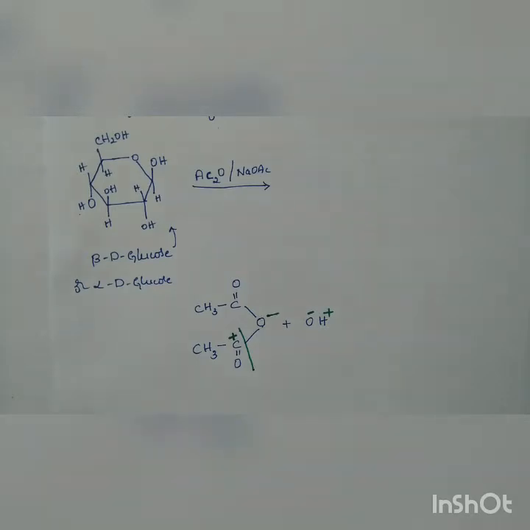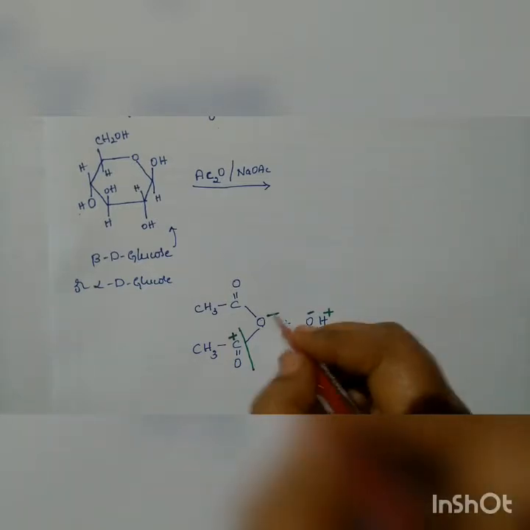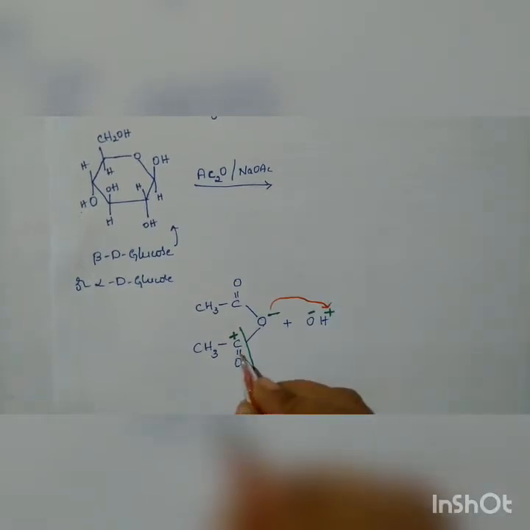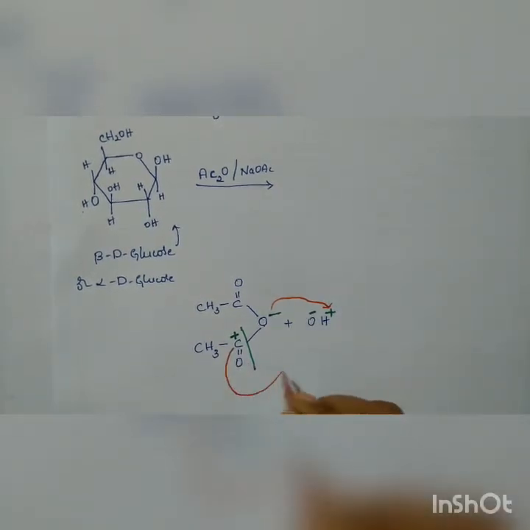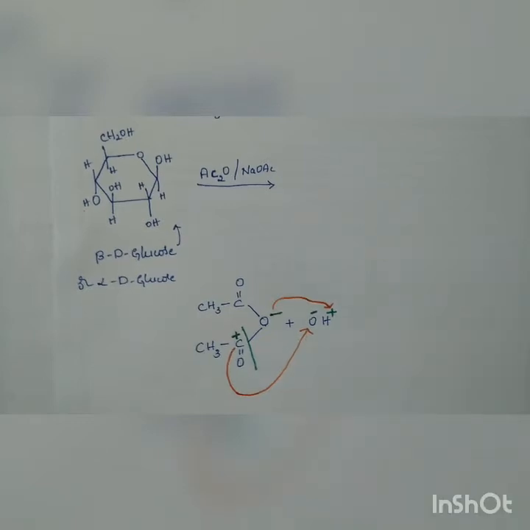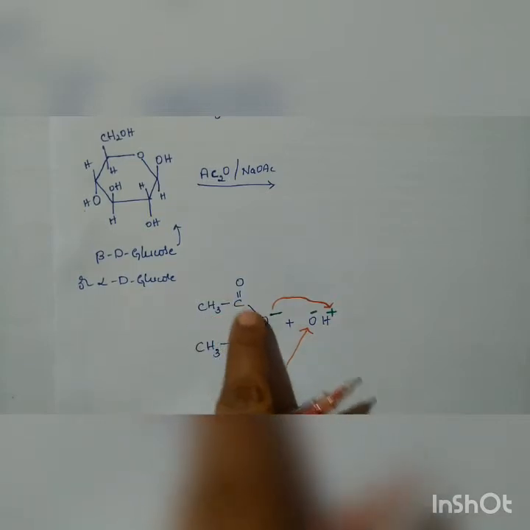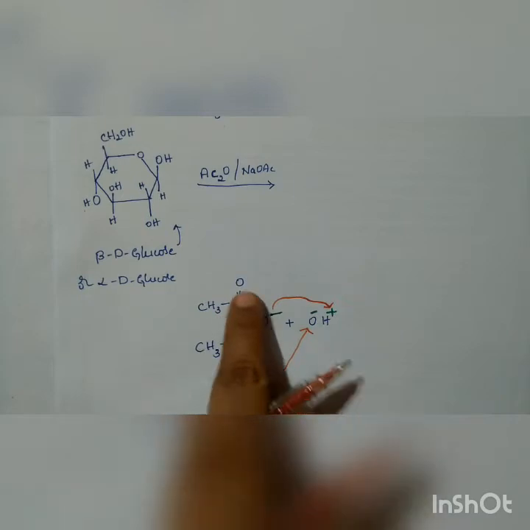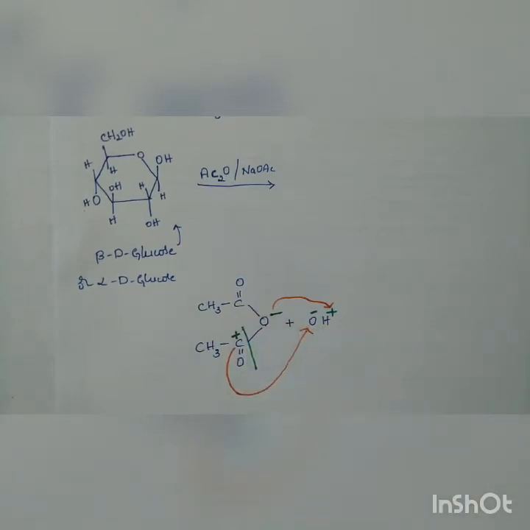The negatively charged one is going to attract: O minus attracts H plus, and C plus attracts O minus. CH3COO minus with H plus becomes CH3COOH, acetic acid.